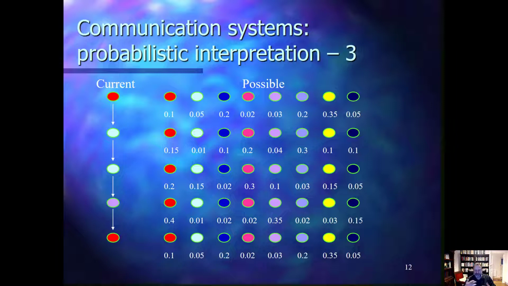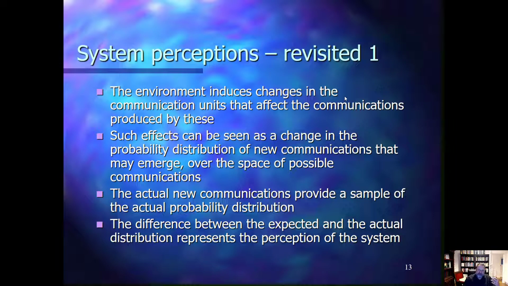So as the system goes on, the communications are generated further. Now, you can see this kind of representation as a useful way of looking at system perceptions. So the environment induces the changes in the communications that affects the communications, and these will change the probability distributions of the new communications.